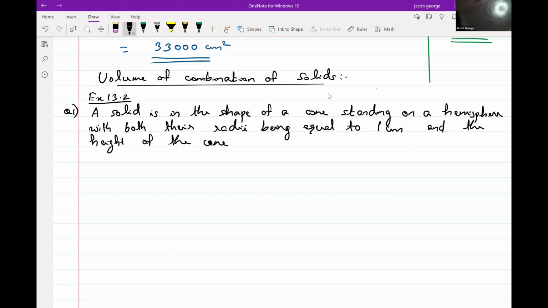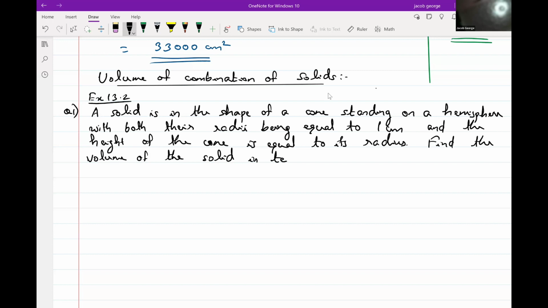Find the volume of the solid in terms of pi. So please write this question.